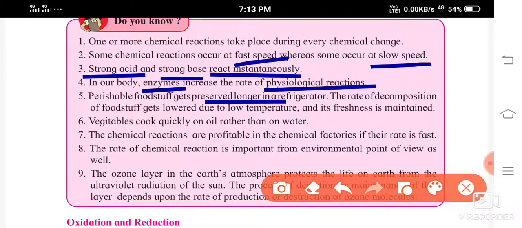So the freshness is maintained for a longer time. So the temperature here is going to affect the rate of reaction. Here the enzymes are behaving like a catalyst. Now strong acid and strong base, here concentration.